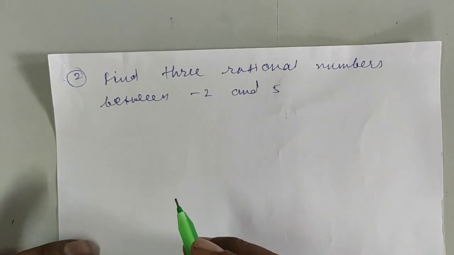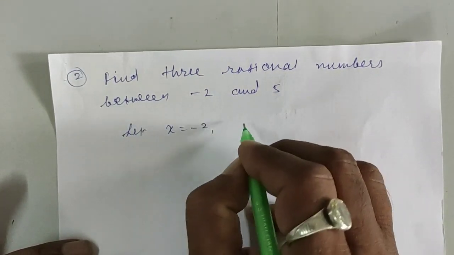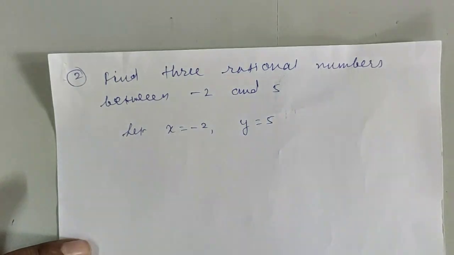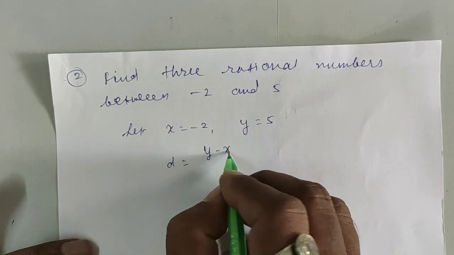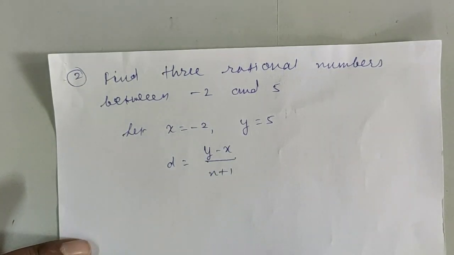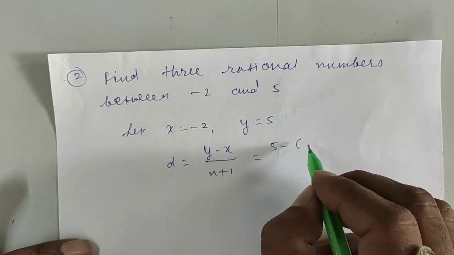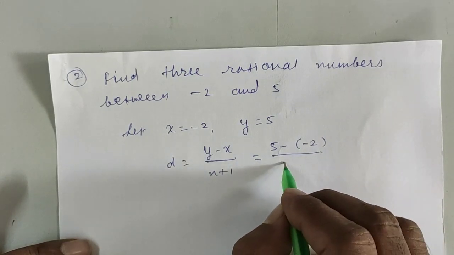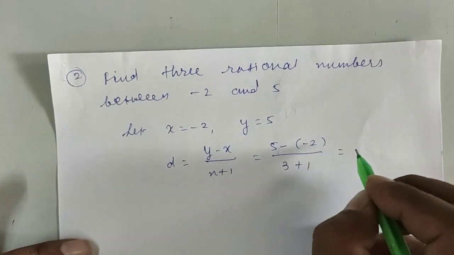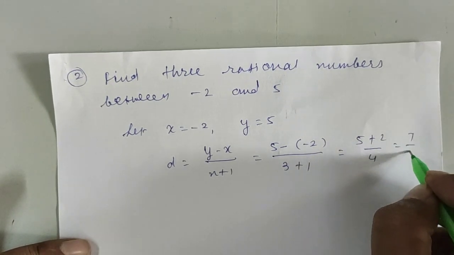We will follow the second result, that x equals -2 and y equals 5. So first of all find d. We know that d equals (y minus x) divided by (n plus 1), right? So we have y equals 5, x equals minus 2, and n equals 3, so n plus 1 equals 4. So (5 plus 2) upon 4 equals 7 upon 4.